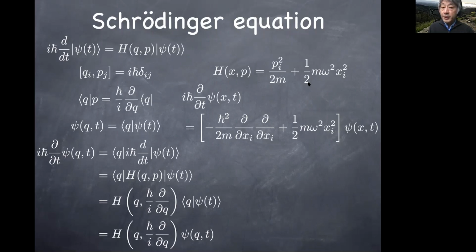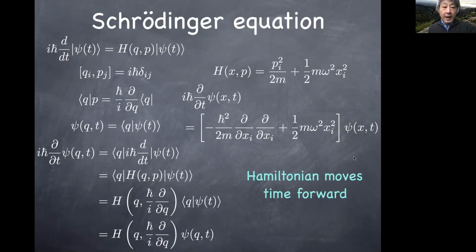And in this potential energy term, x is an operator in the Hamiltonian, but this operator now turns into the eigenvalue x. So x is now a number, or c-number. Hence we derive this Schrödinger equation, which is a simple differential equation with respect to x and t. So that's how you get the Schrödinger equation.